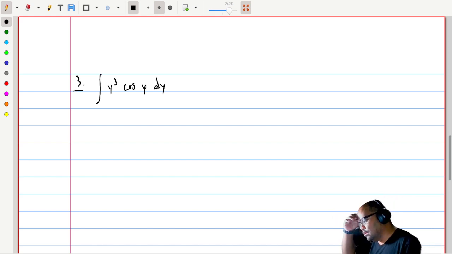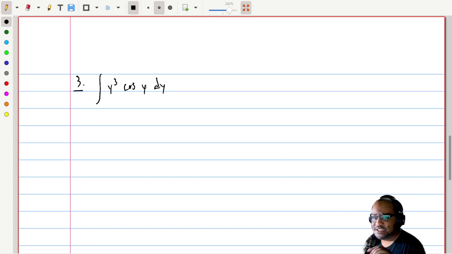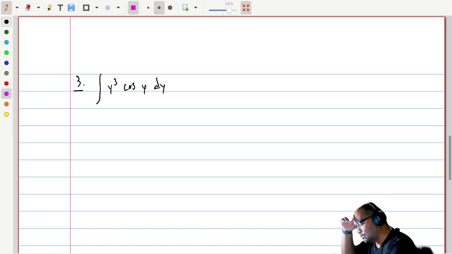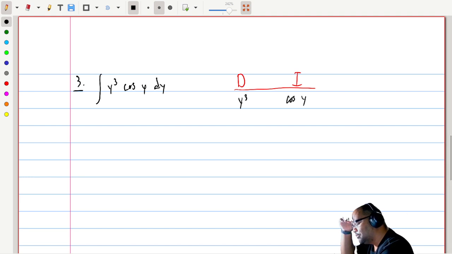Okay. This one's still set up for the table method because we have a polynomial against cosine. So we'll set this up again: D, I. I want to differentiate the polynomial. I want to integrate the cosine.